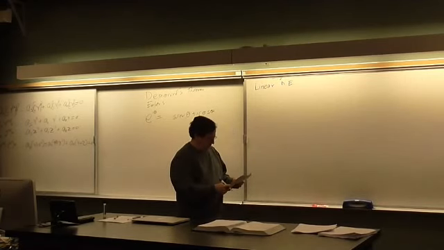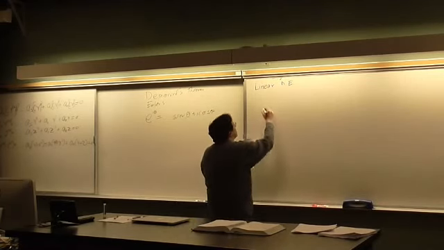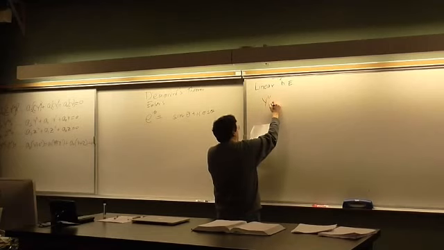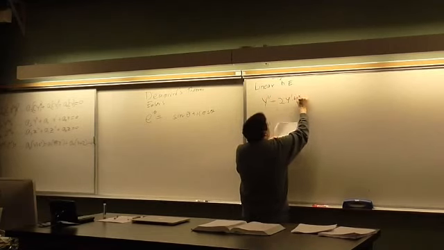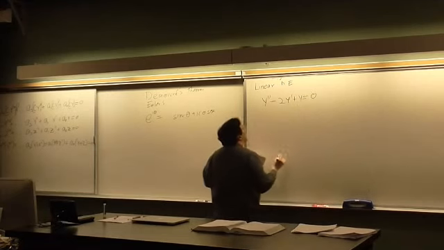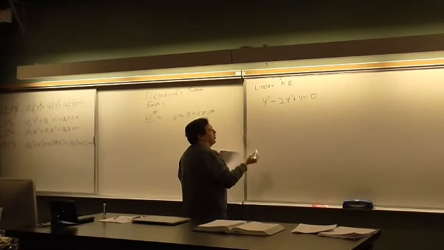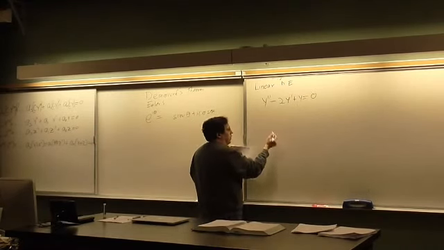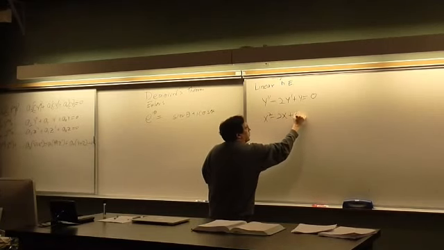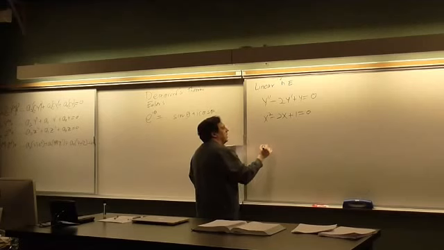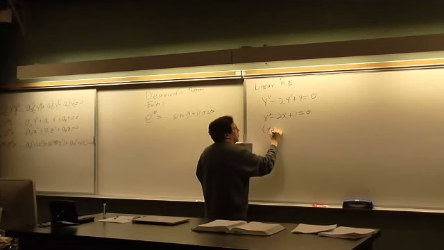What if instead my differential equation was y double prime minus 2y prime plus y equals 0? That gives me an associated polynomial of x squared minus 2x plus 1 equals 0, or x minus 1 squared equals 0.